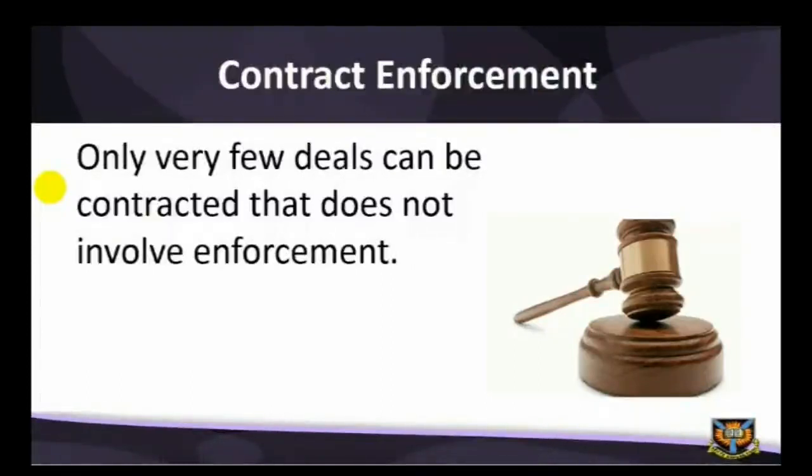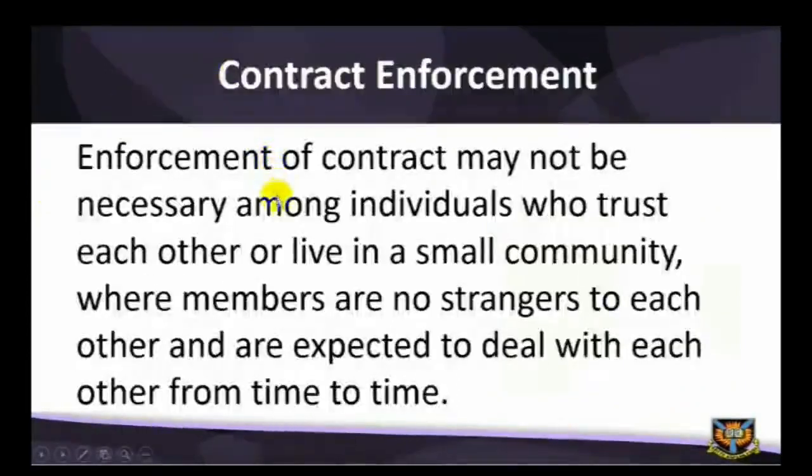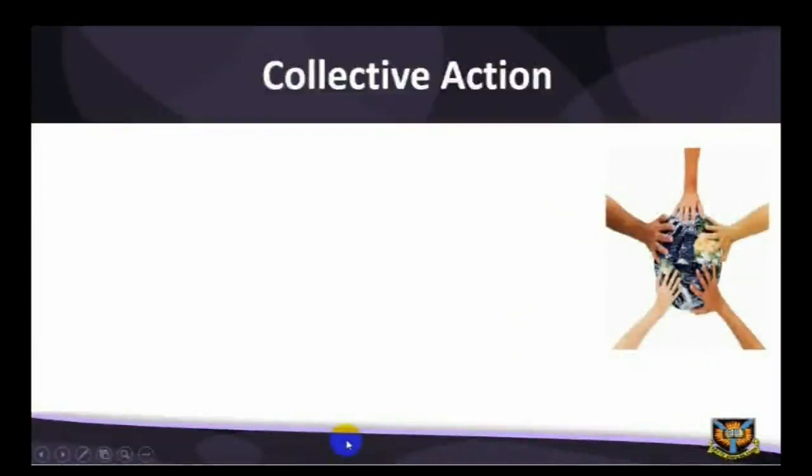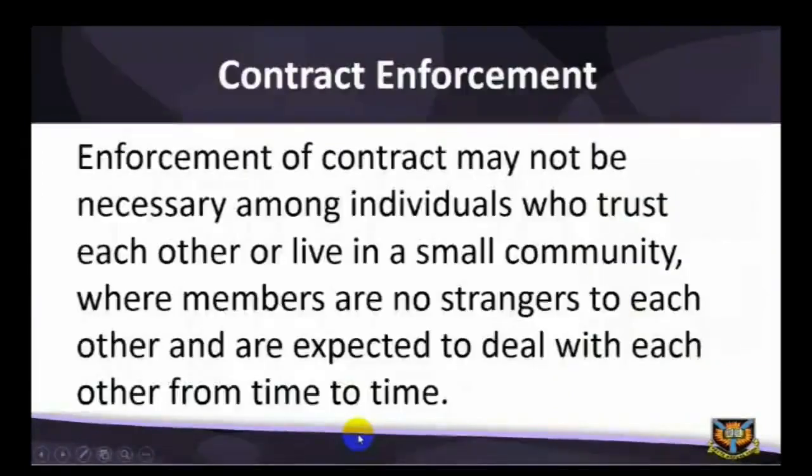In other words, the enforcement of contracts may not be necessary among individuals who trust themselves or live in a small community where members are no strangers to each other and are expected to deal with each other from time to time. In this situation, deals may not need to be enforced.